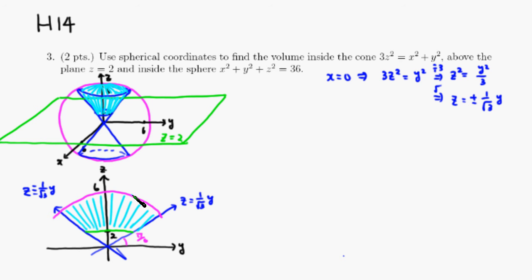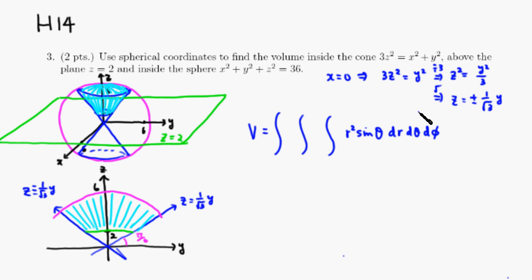Let's set it up. The volume is equal to a triple integral. The volume element for spherical coordinates is r squared sine of theta dr d theta d phi.